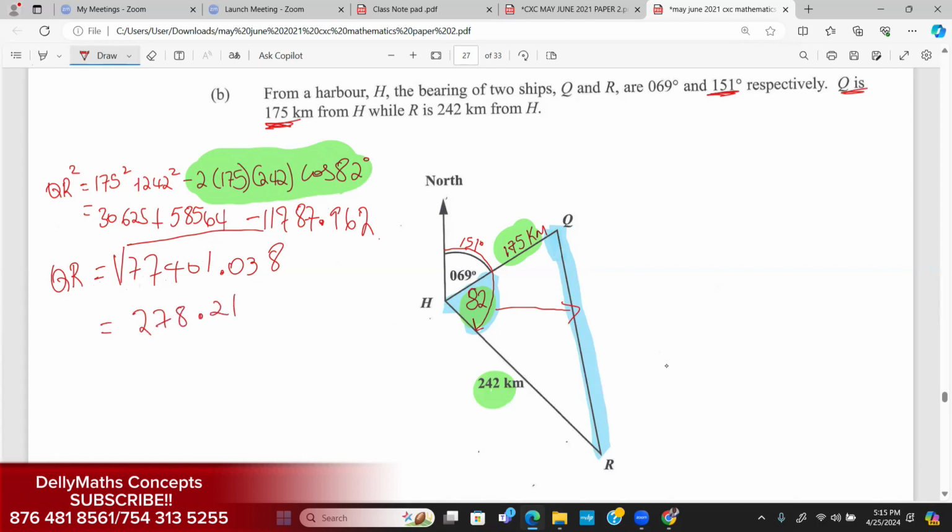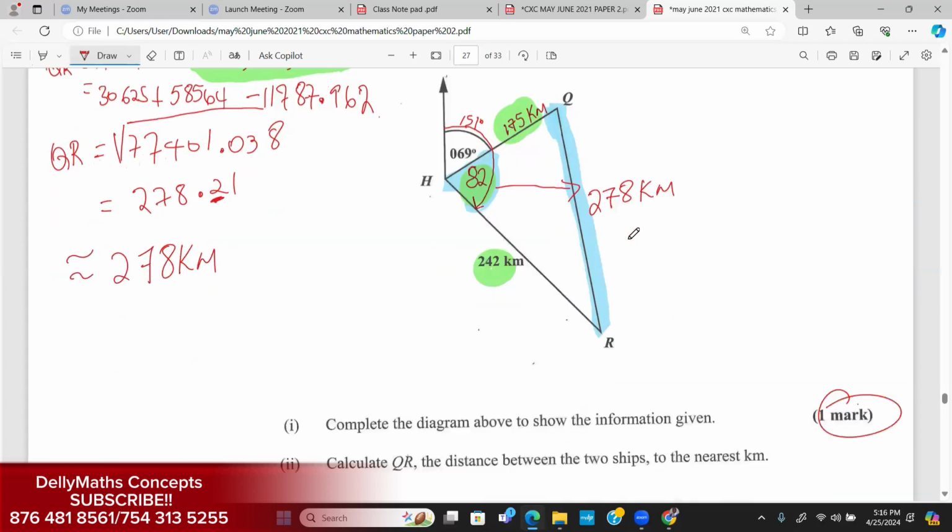But the question did say to the nearest kilometer, so it's going to be 278 kilometers, because this number here will let us round down. So this side here is 278 km. All right, so we have that down. That's to the nearest kilometer.